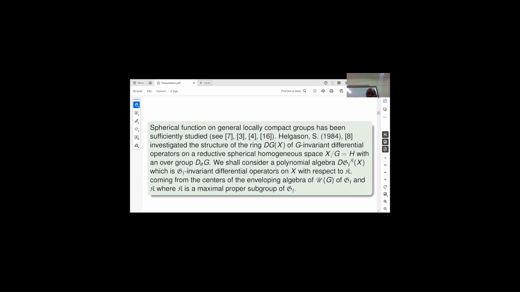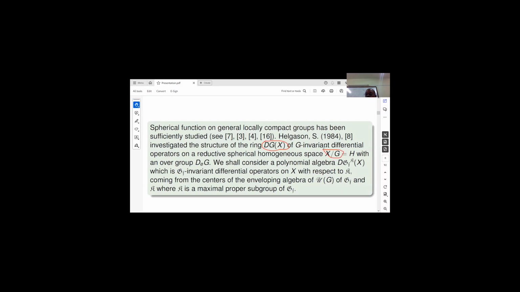In the real sense of it, you have a locally compact group G, and then you have the set of all invariant differential operators on G. You have a homogeneous space like this.